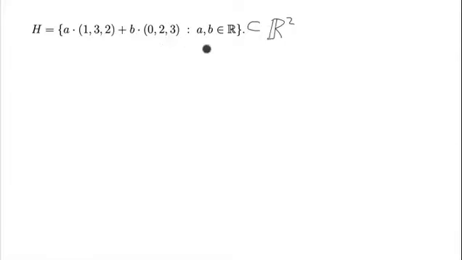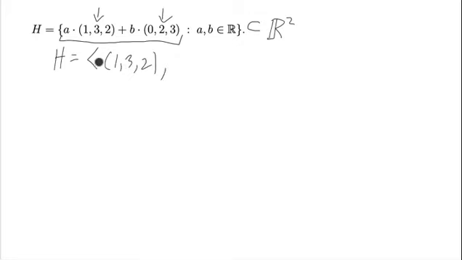This set right here is actually the collection of what you would call linear combinations of two vectors, meaning multiples of this vector added with multiples of that vector. Sometimes the notation for the set H could simply be put as the span of (1, 3, 2) and (0, 2, 3).